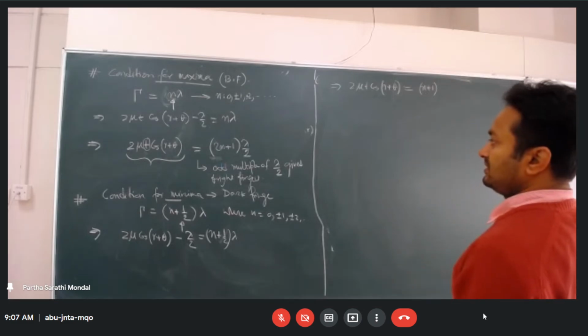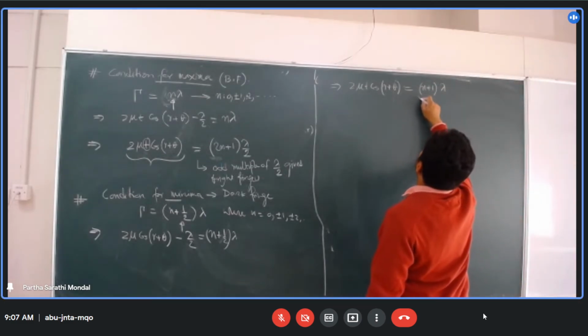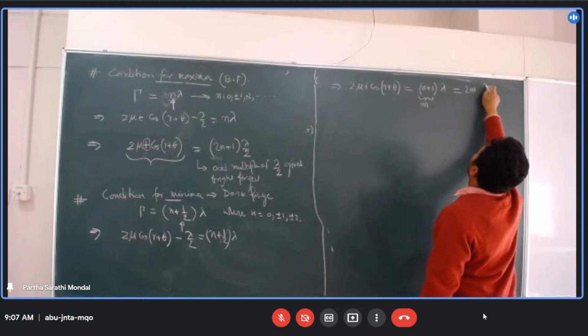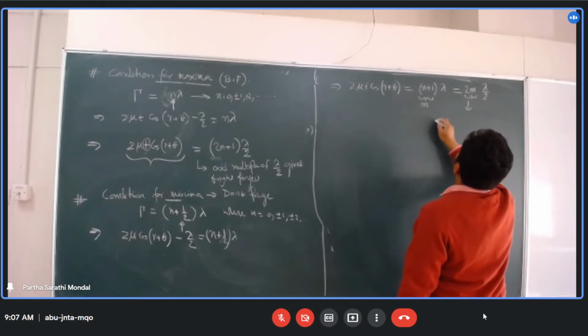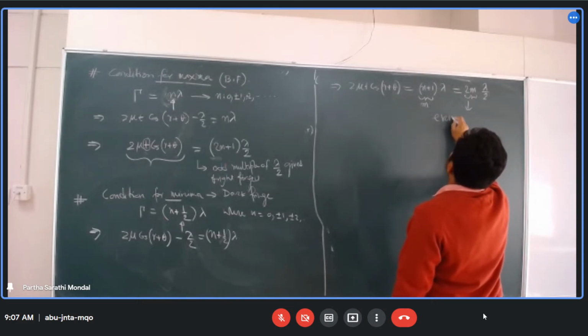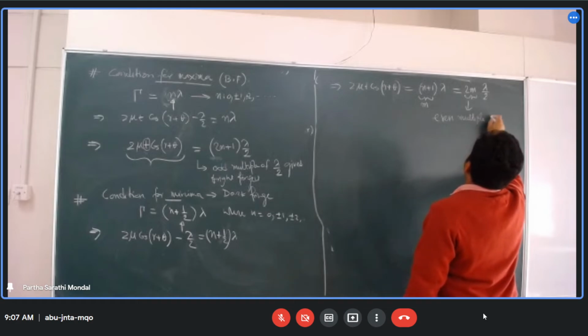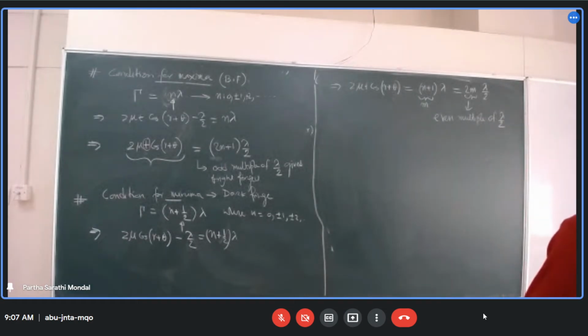Let us take n plus 1 equal to m because it is also a number, so we can write it as 2m into lambda by 2. So this is an even multiple of lambda by 2, which will give you a dark fringe.